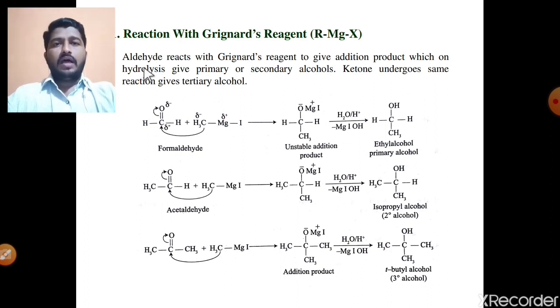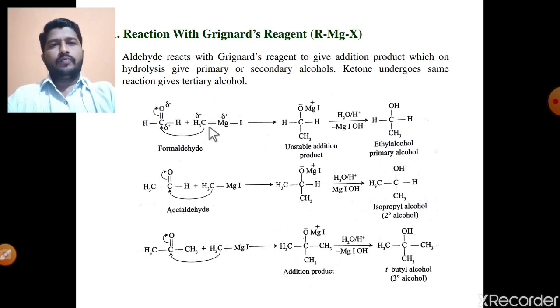See the reaction of a carbonyl compound and Grignard's reagent. An aldehyde reacts with Grignard's reagent to give an addition product, which on hydrolysis gives a primary or secondary alcohol, and a ketone undergoes the same reaction to give a tertiary alcohol. The reaction is a simple aldehyde molecule, a formaldehyde molecule, in the presence of Grignard's reagent CH3MgI.